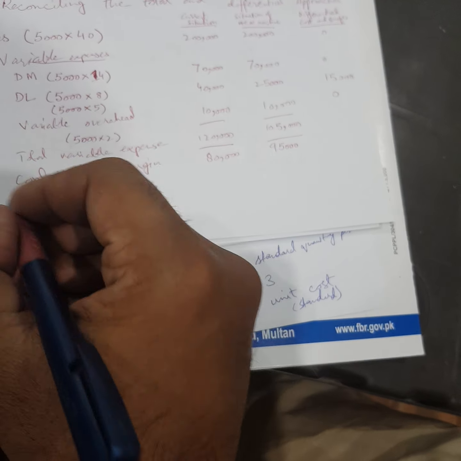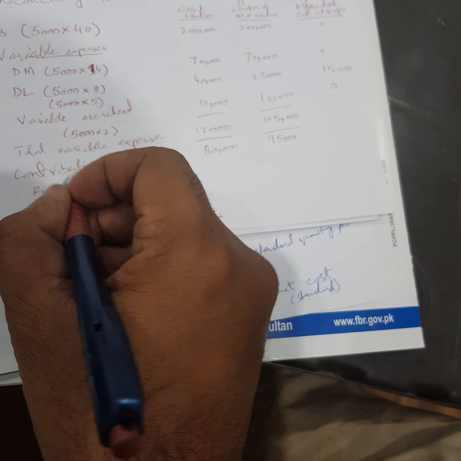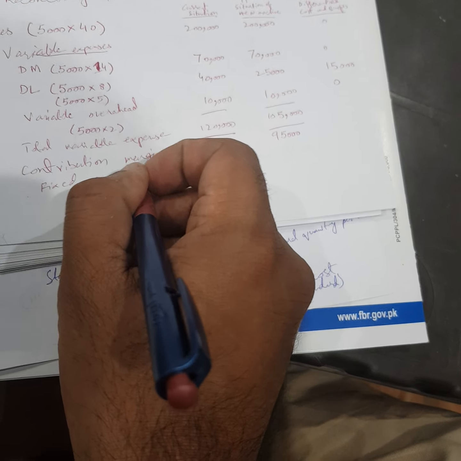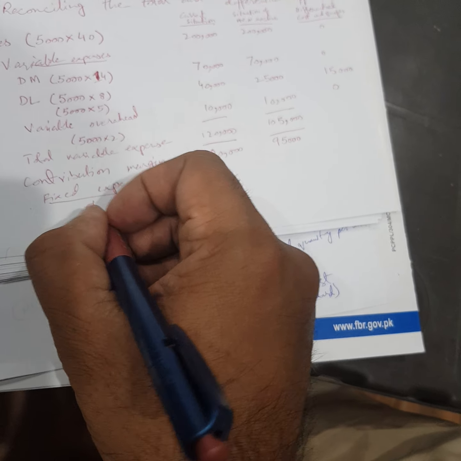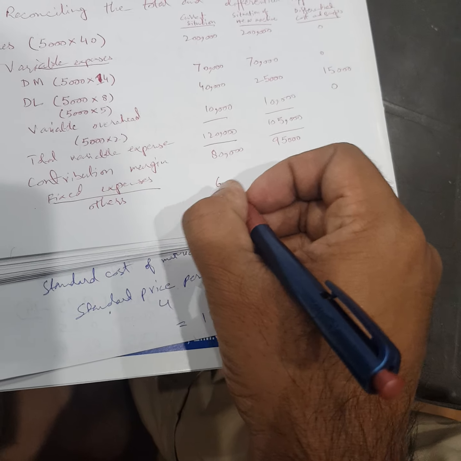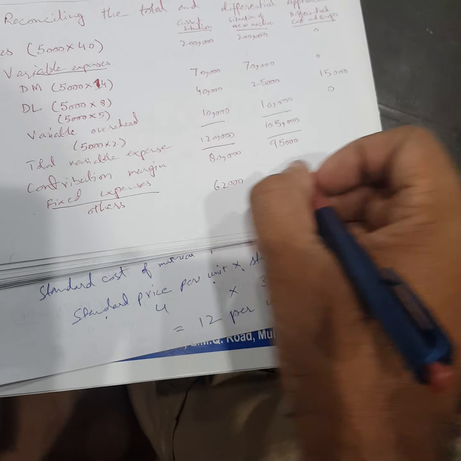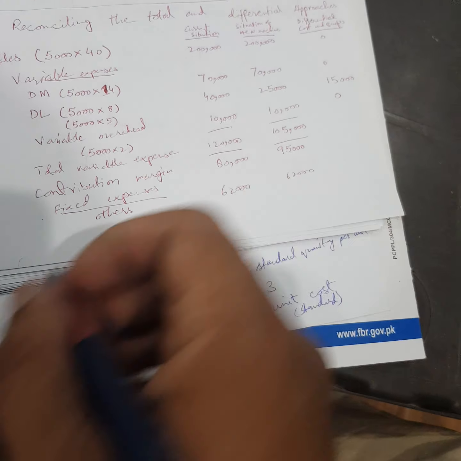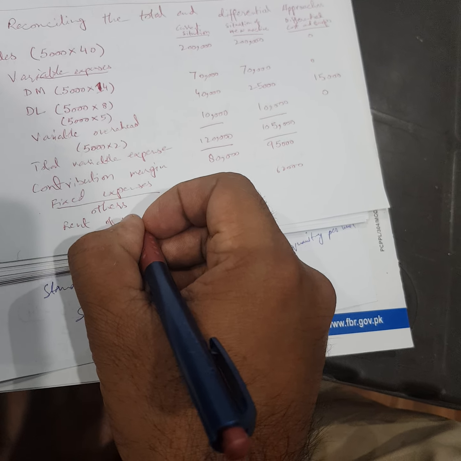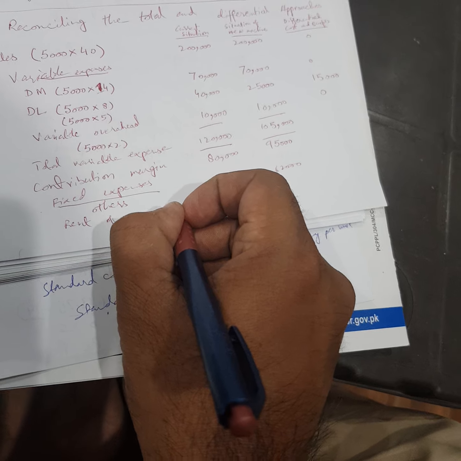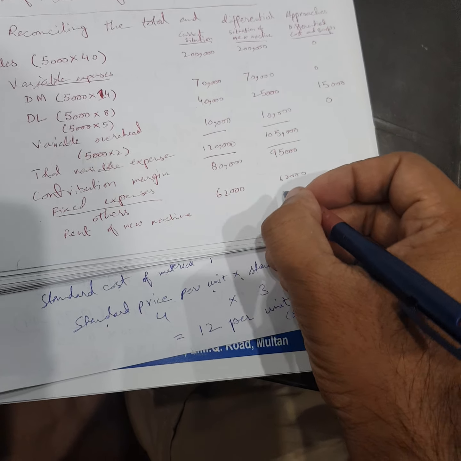Now if we deduct the fixed expenses, others were 62,000 and 62,000. Rent of new machine is 3,000.